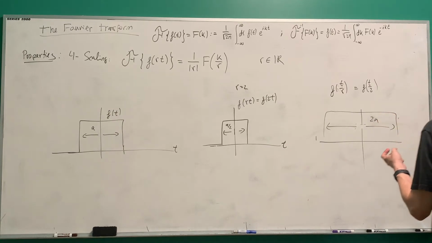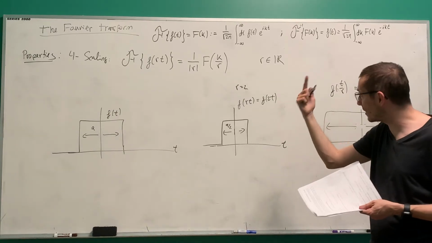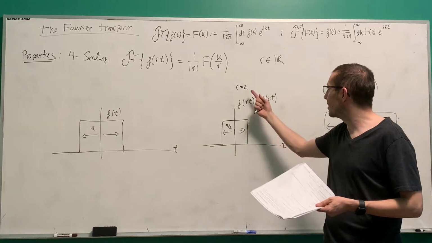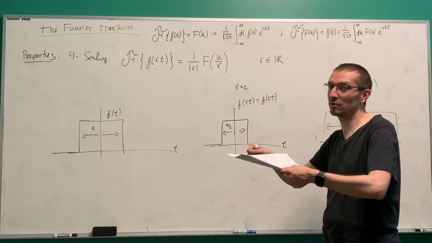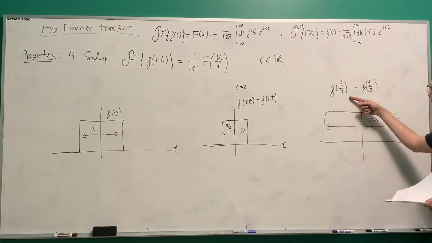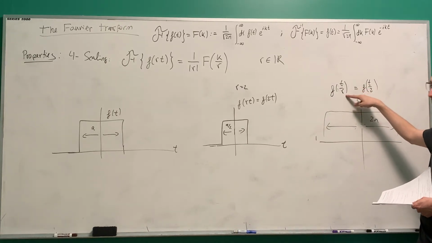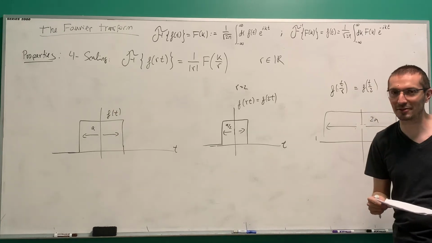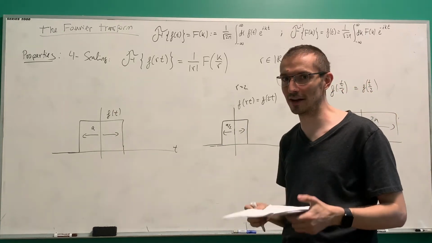That's important, right? Again, if r is larger than 1, multiplying the argument will shrink it. If r is smaller than 1, multiplying the argument would expand it. Now, if r is larger than 1, dividing by r would expand it, and multiplying by r would shrink it. Okay, it's important that we get those pictures in mind.